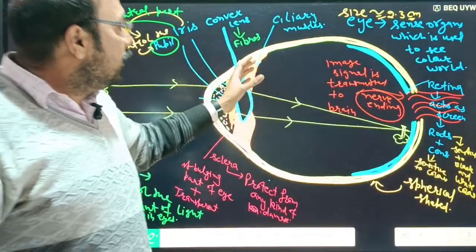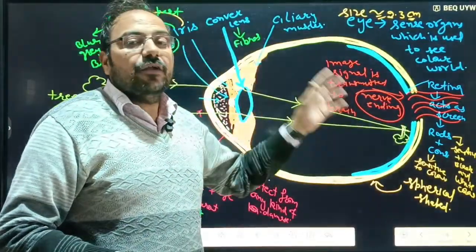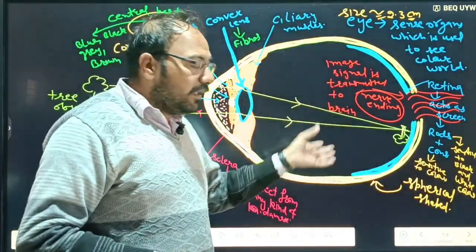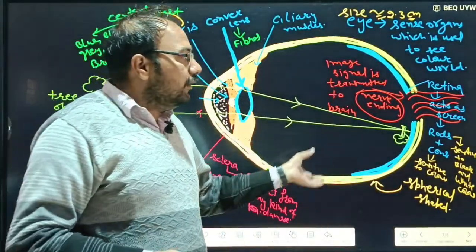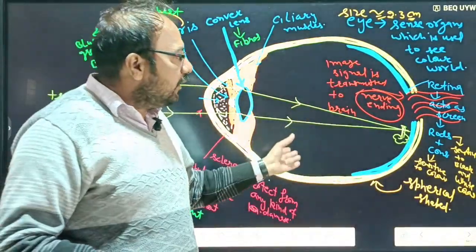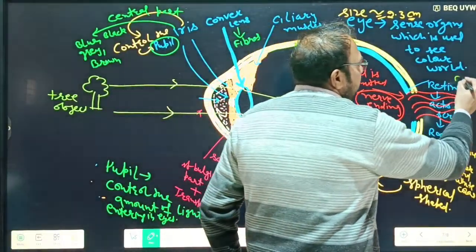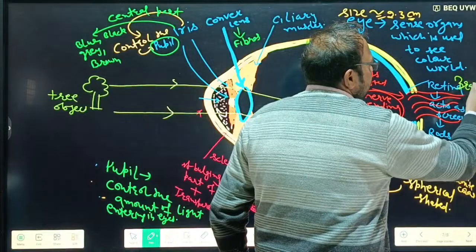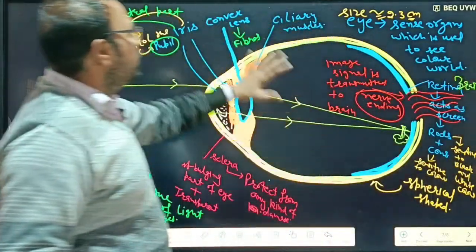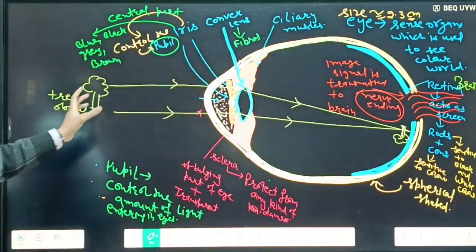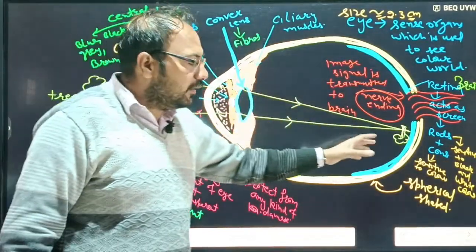When these images are sent to the brain, they are again converted into a straight image in actual size and then sent to the brain. So here is the brain. So this is the procedure of how the image of the object forms on the retina.